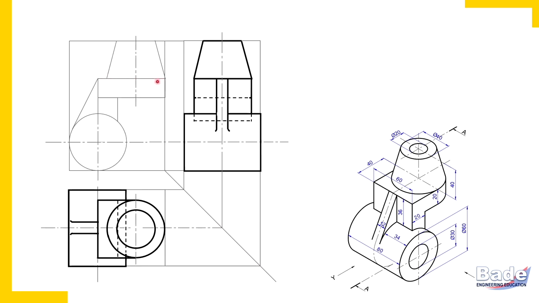It will not come in sectional view. Correct? So this is how I have removed it. Now remember, this is horizontal U-shaped plate and this is vertical plate. This boundary also you will have to erase.